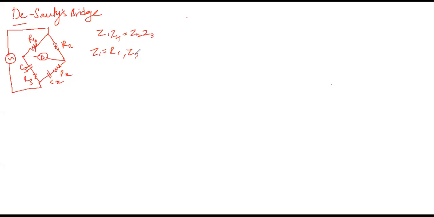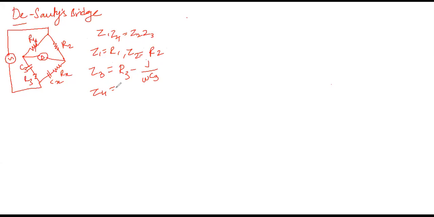Z2, again the arm is purely resistive, so Z2 will be R2. Z3, in Z3 what do we have? R3 is in series with C3. If a capacitor is in series, what should we write here? R3 minus j divided by omega C3, right?